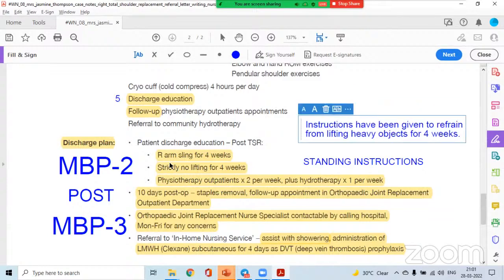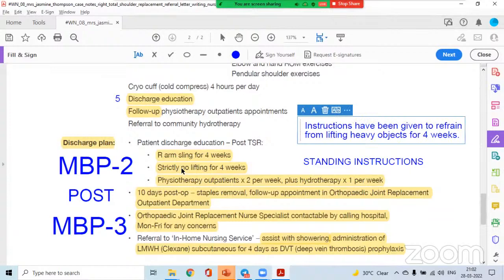Then right arm sling for 4 weeks. Okay. Right. So why no lifting heavy objects for these 4 weeks? Because the right arm is in the sling.